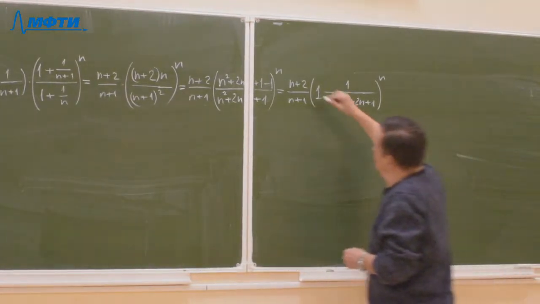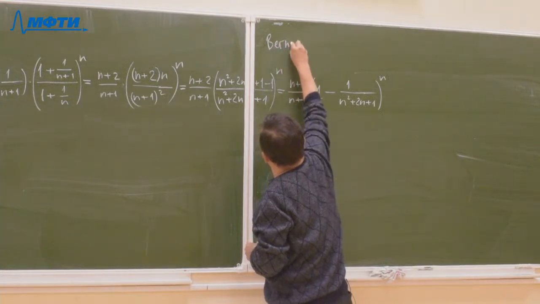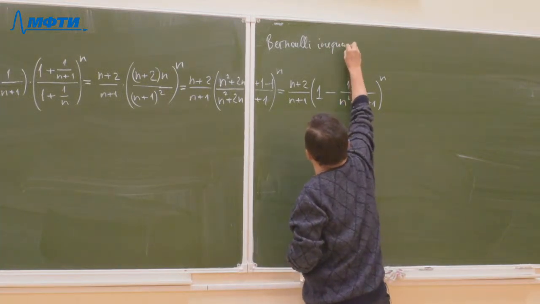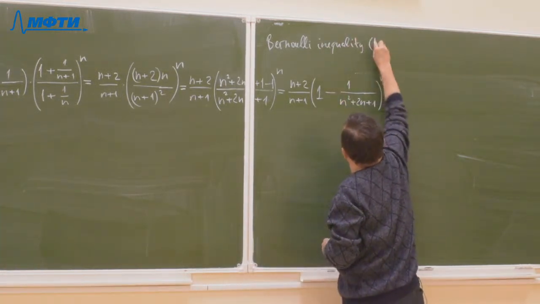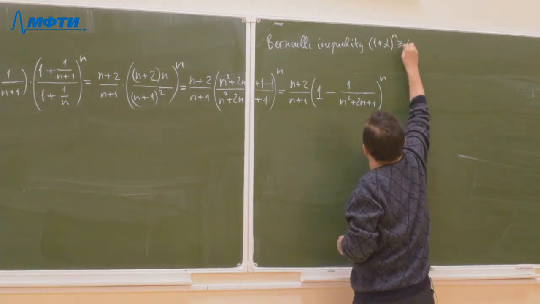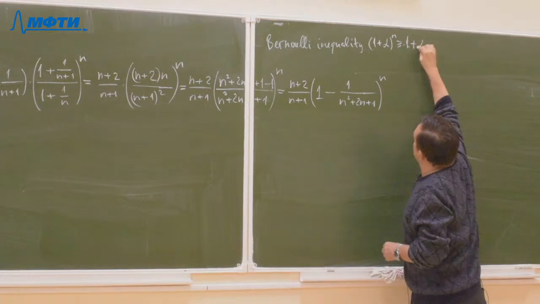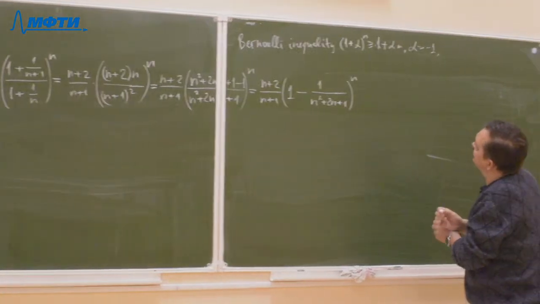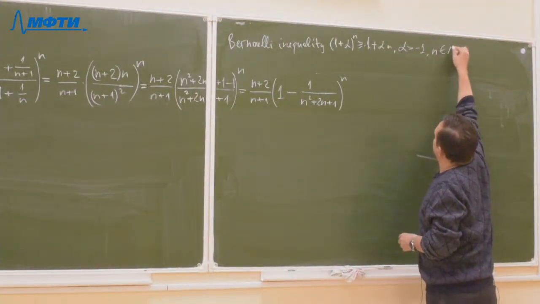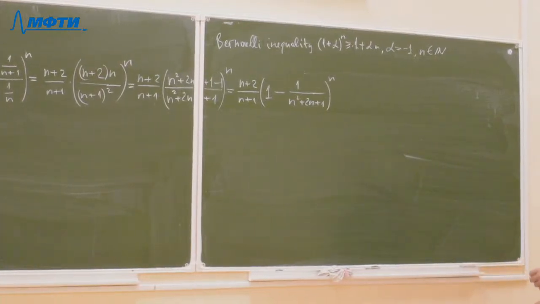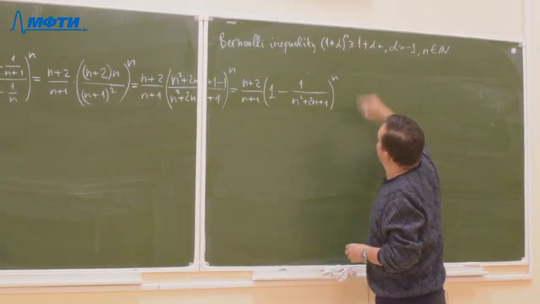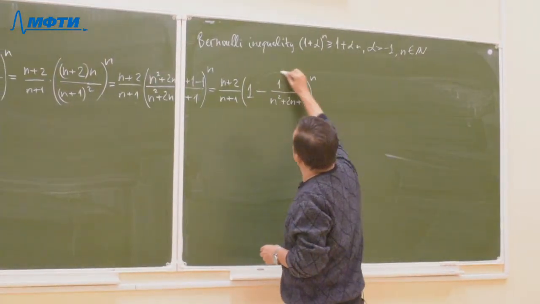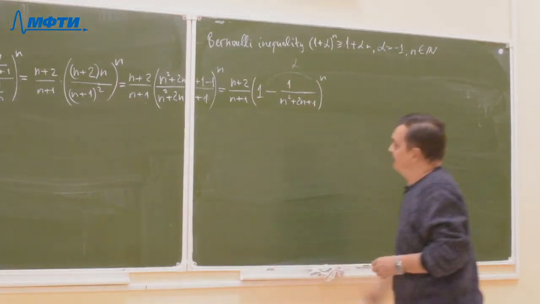And then recall the Bernoulli inequality. Bernoulli inequality: (1 plus alpha) power n is greater or equal to 1 plus alpha n, for alpha greater than minus 1 and n natural. We proved it some time ago. So I'll take this as alpha.